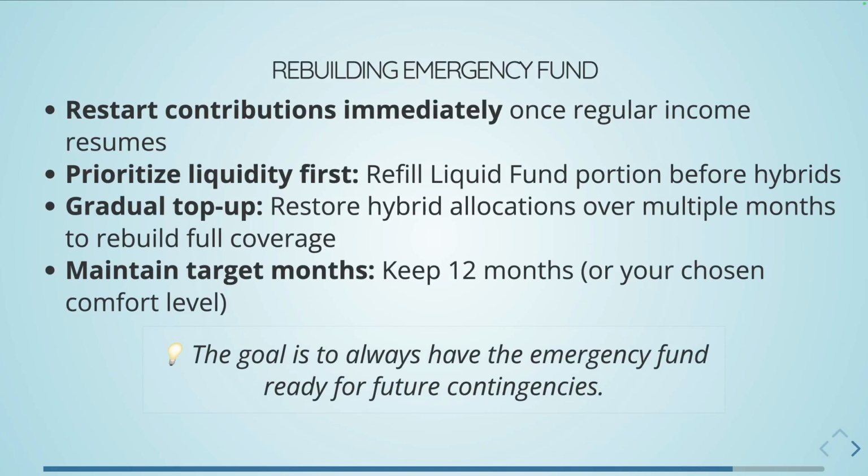So let's look at rebuilding. Once the emergency fund is used up, that should be the first goal or first step in the investment wealth-building journey. Once we have used the emergency corpus, we have to start refilling the liquid fund portion first, fill it up, and then the arbitrage fund or hybrid fund, if we are using one. Hybrid funds need a gradual top-up, because of the challenges of volatility and the moderate risk.